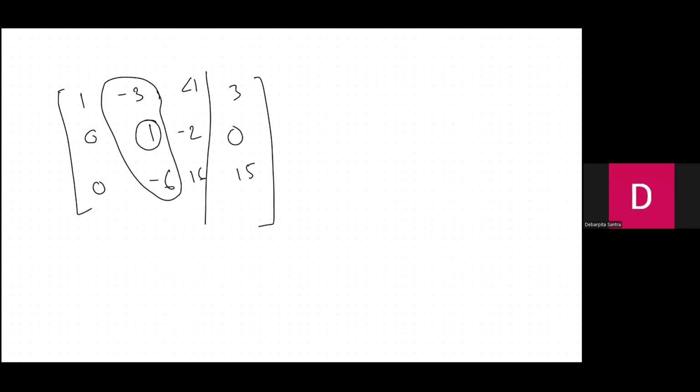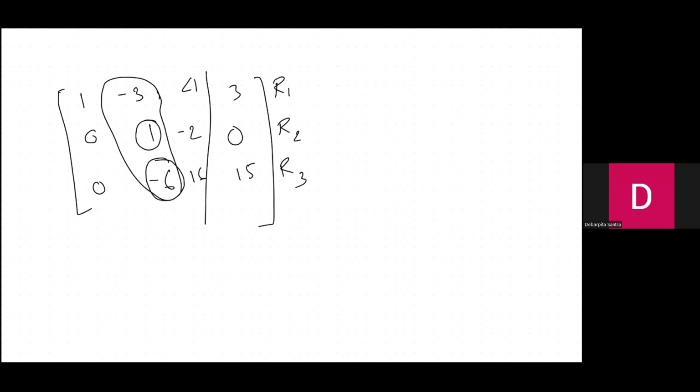The next value, below this value, is minus 6, but it should be 0. So we have to do the same thing as we have done in the case of column 1. We have just written R1, R2, R3. Now what we have to do? This minus 6 should become 0.